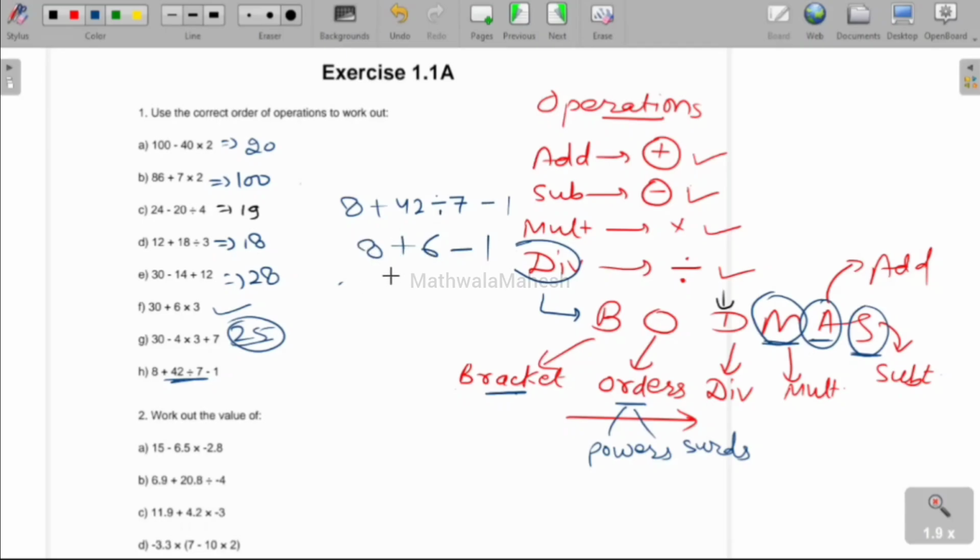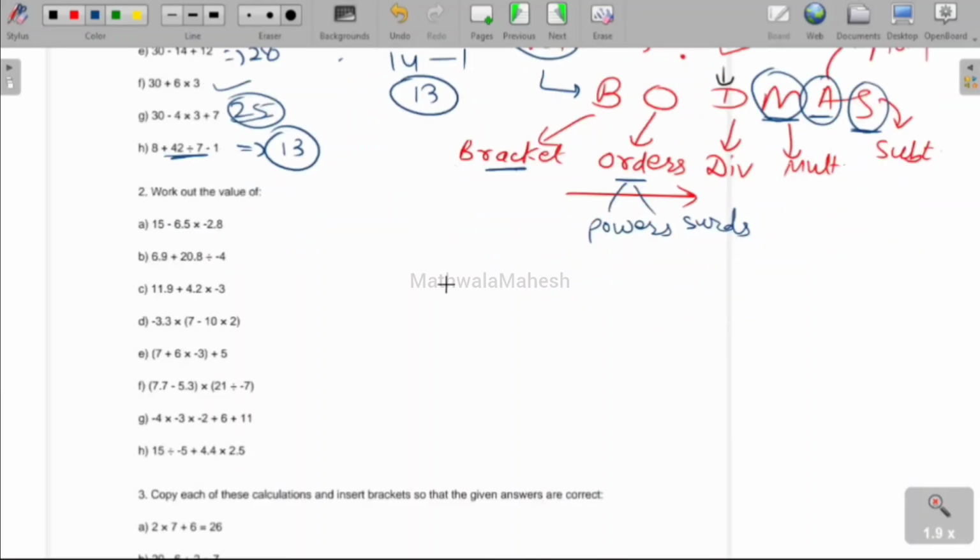So 8 plus 6 is 14, minus 1 is 13. So the correct answer is 13. I hope you understand the BODMAS rule. So we will do the next question.